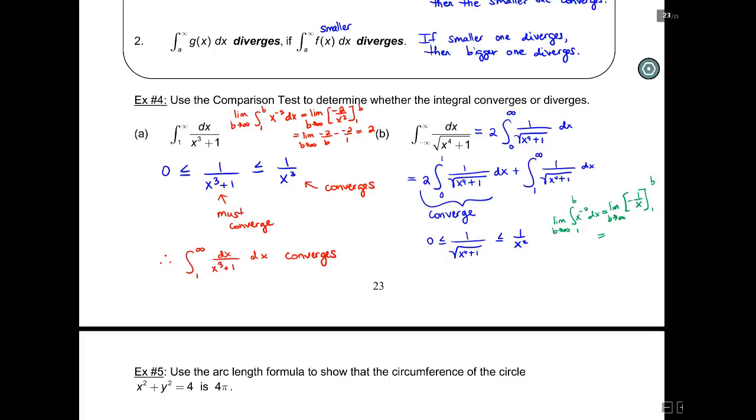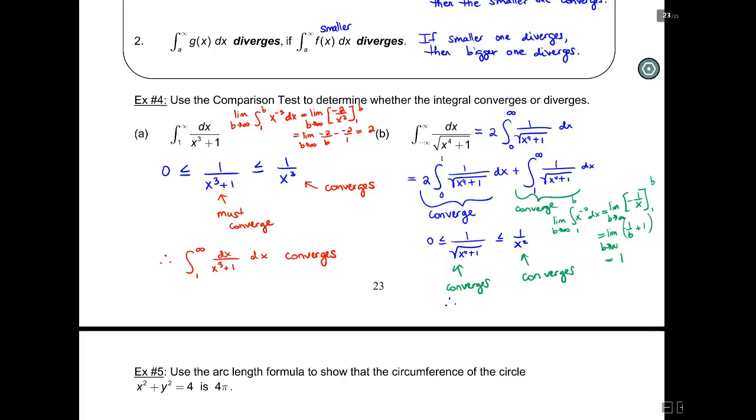So as we look at that, we'll get negative 1 over b minus negative 1 over 1, or plus 1. So this does equal 1. Therefore, since the larger one converges, then this converges.